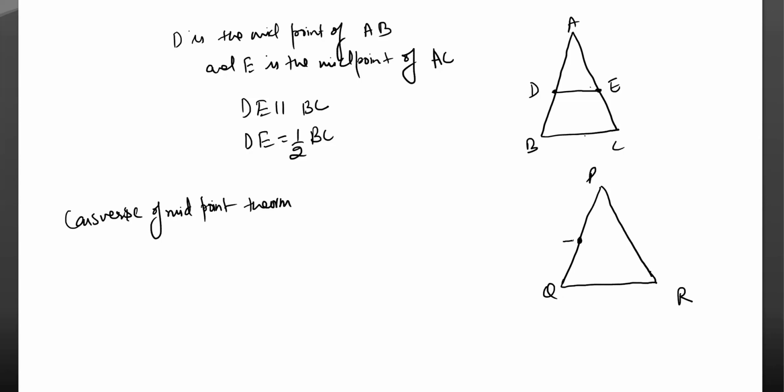If a line is passing through the midpoint of one side and parallel to the third side, like QR, consider that S is the midpoint of PQ, and it intersects PR at T, and ST is parallel to QR. This is what is being given to you. It is not given that T is the midpoint of PR. It is given that ST is parallel to QR and S is the midpoint.